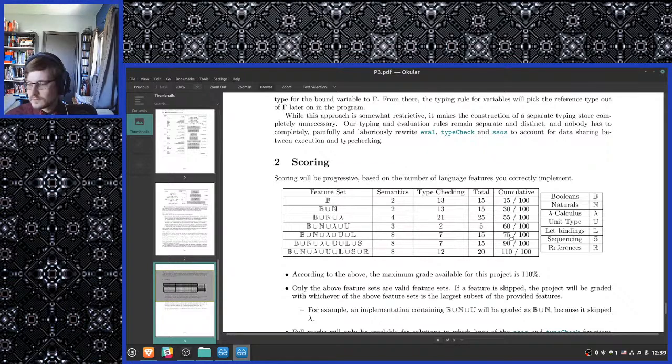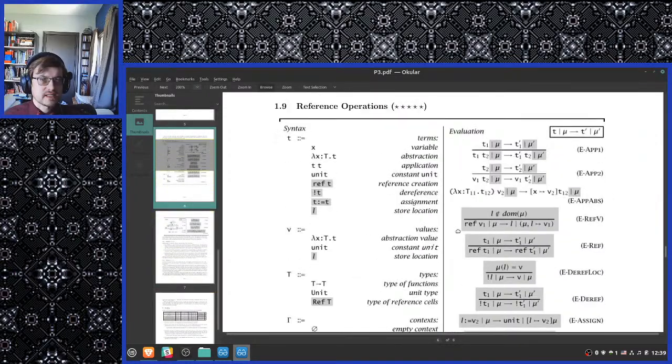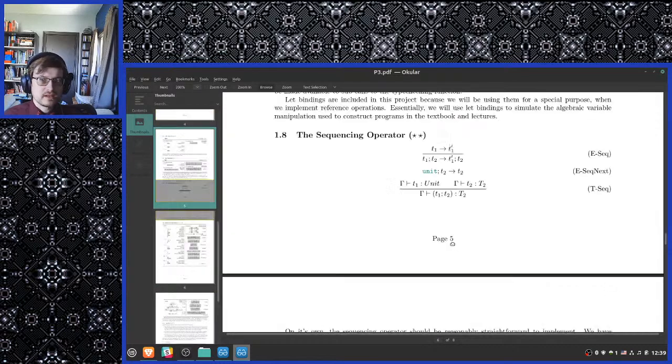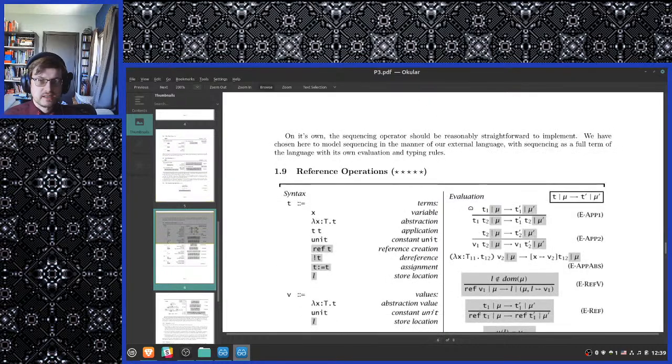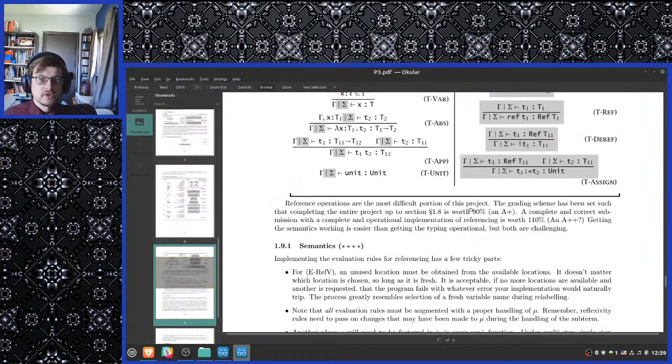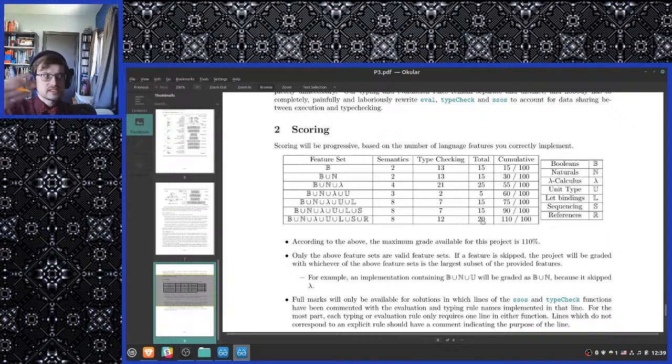So to get an A, you do not need to do the referencing portion. And it says this rather explicitly in the project layout itself: listen, you can get an A+ on this without doing this section. But if you want a shot at the bonus grades, you're going to do this section as well.